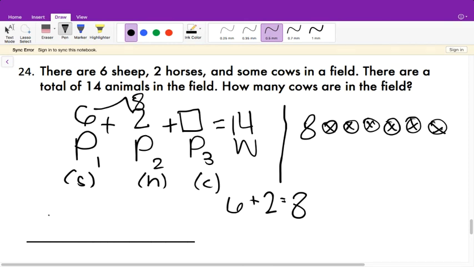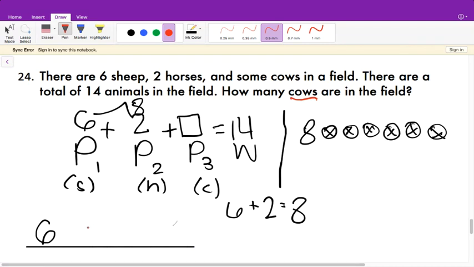So my answer is going to be 6. Now I can go up and look for my label, which I'm looking after the words how many. And here we see how many cows are in the field. So I'm going to write 6. 6 cows. Okay, let's go on to our final problem.